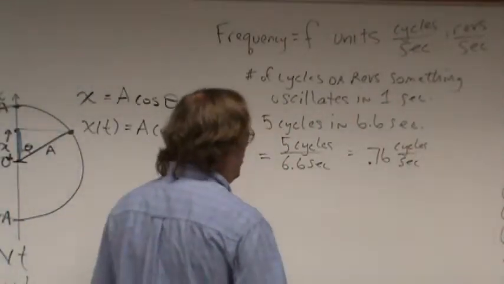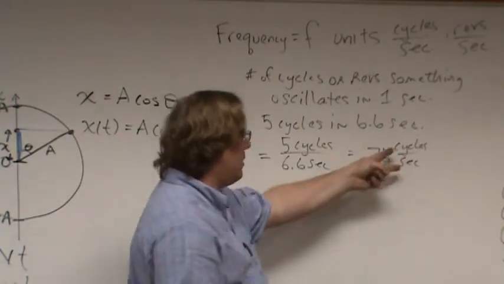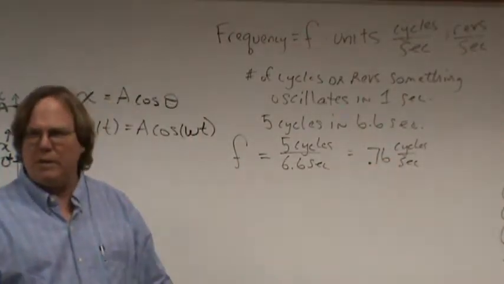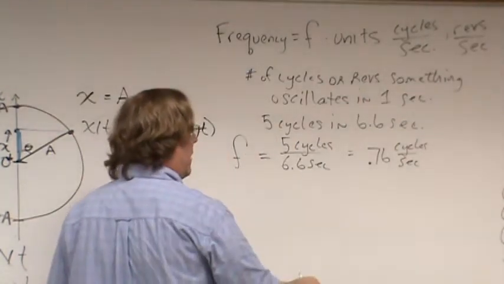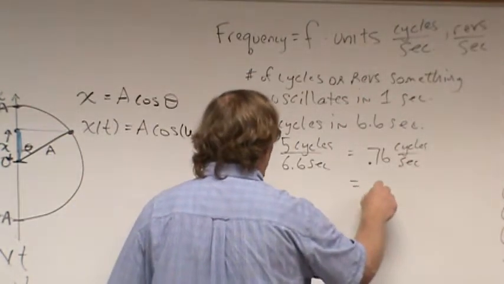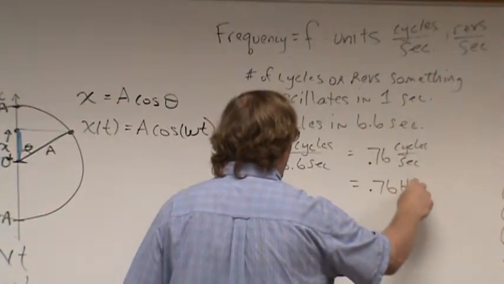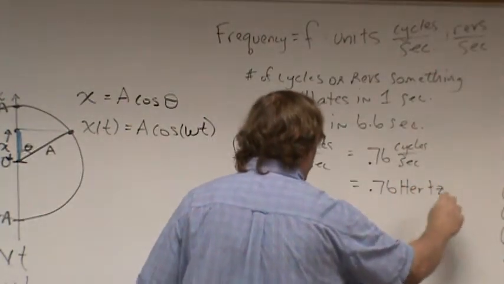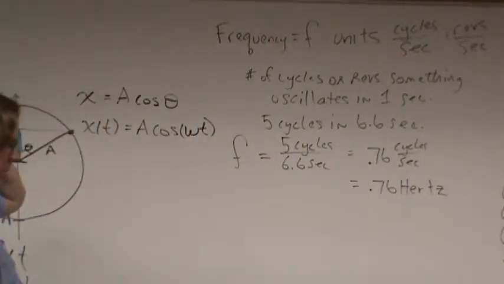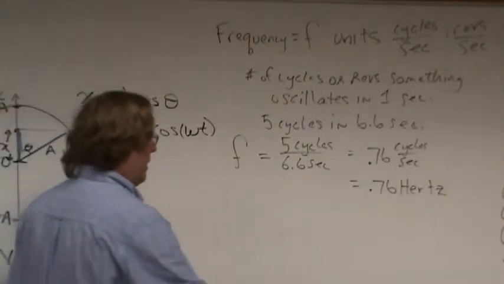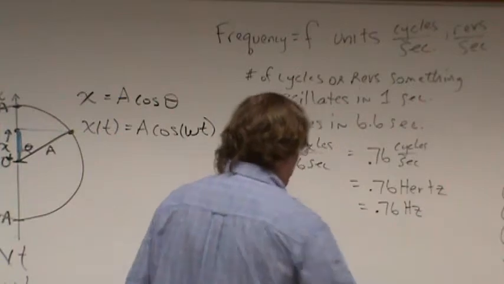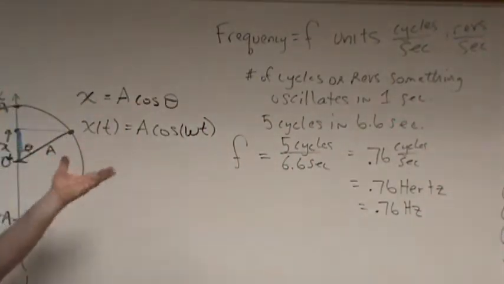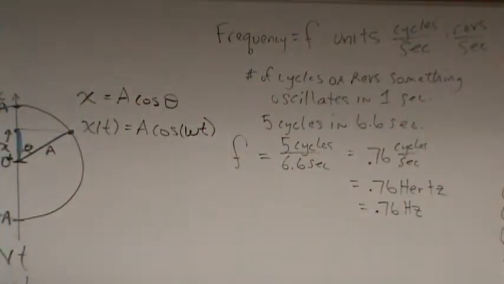And so humankind decided to honor him by naming the unit of frequency after him. So we don't go 0.76 cycles per second, no siree, we go 0.76 hertz, named after this dude named Hertz. And so we shorten it to Hz. So it's 0.76 hertz. But it's really important to remember that hertz are cycles per second.